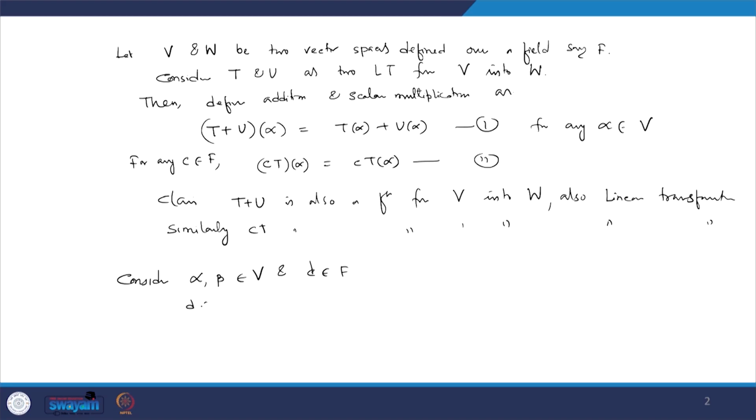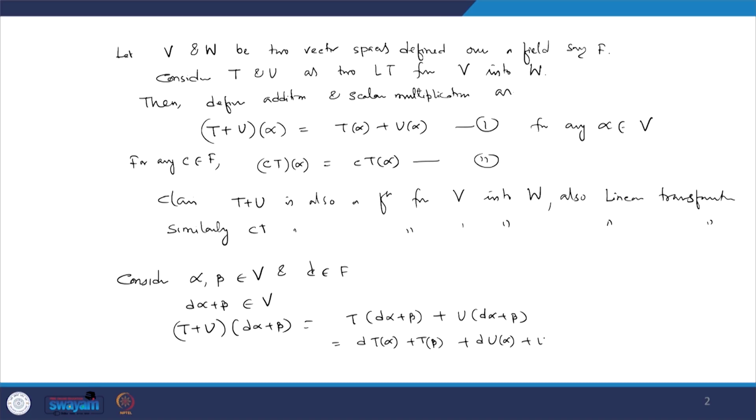Then d alpha plus beta belongs to V, and we have T plus U of d alpha plus beta equal to T of d alpha plus beta plus U of d alpha plus beta, and this is equal to d of T alpha plus T beta plus d of U alpha plus U beta, because T and U are linear transformations from V to W, the definition I have used.